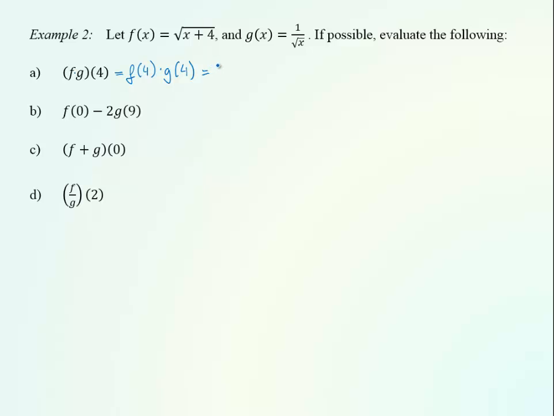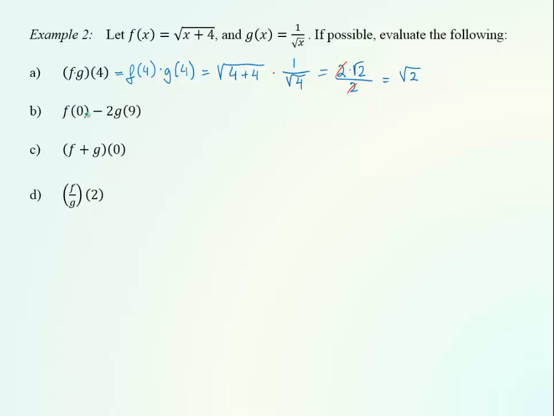So f of 4 means plug in 4 inside the radical, times g of 4, which is 1 over square root of 4. So altogether we have root of 8, which is 2 root 2, and then divided by root of 4, which is 2. Obviously we can cancel the two 2's, and we end up with just root 2.